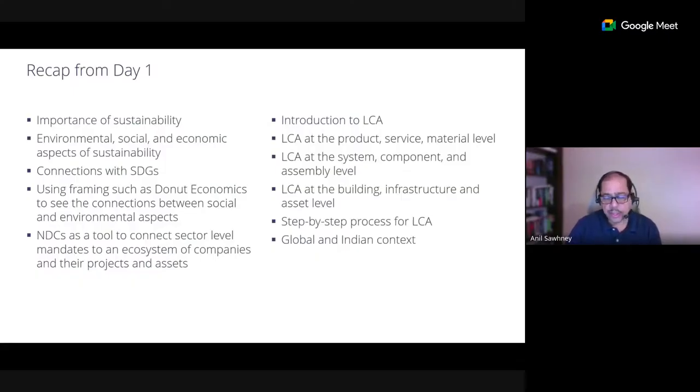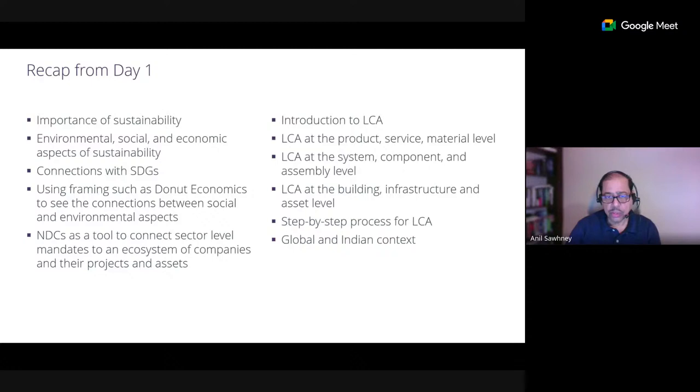Then in the next section, we introduced broad brush what LCA means and how LCA plays an important, crucial role in our decarbonization journey. We looked at LCA at the product, service, and material level.